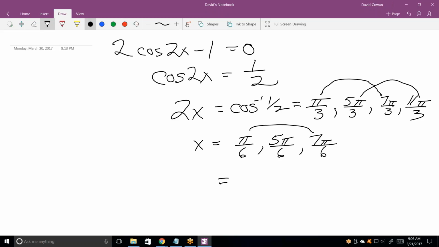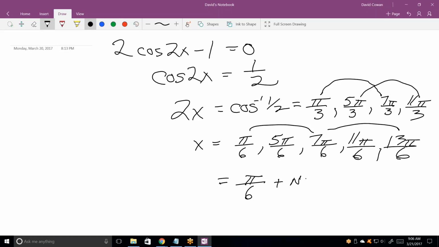That would be pi over 6 plus pi n. In fact, it would be useful to have another one here: add 2 pi to this and you get 13 pi over 6. Now you can see how that series fits together.